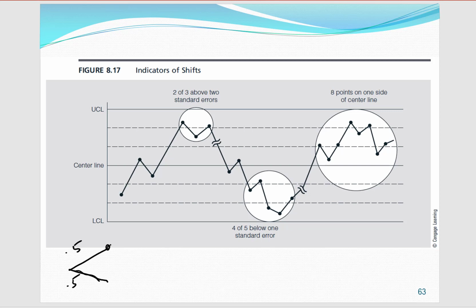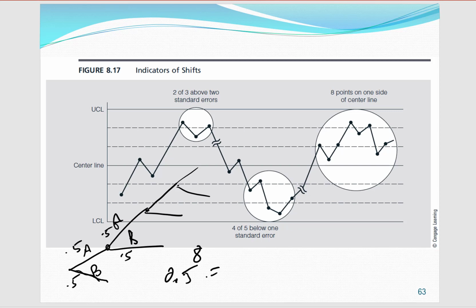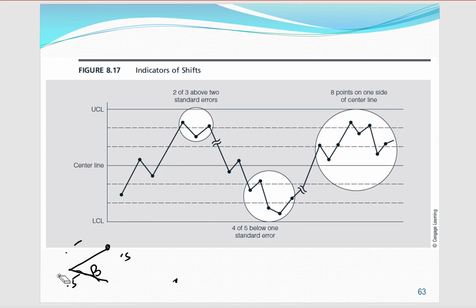If you do that 8 times and multiply these 0.5 probabilities, so it's really 0.5 to the power of 8, that's a very, very small probability right there. And so for that reason, we consider that to be a special cause if something like that happens.